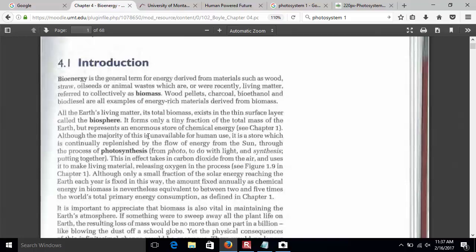Now, I think the paper that you're reading for Summary 2 is a really good segue. That's one of the main reasons I included Summary 2 with this chapter, because what we're looking at is the total biomass. You remember the graph, how many exajoules, or how many zetajoules were there total?